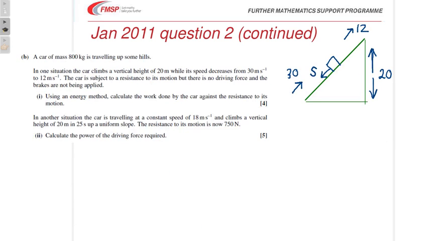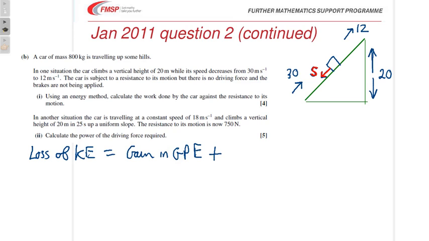For the next part of the question, something totally different. We've got a car going up a hill. I've shown S here as a resistance force that we don't know. But what we do know is that the car goes up a vertical height of 20 meters and its speed decreases. So we've got a loss of kinetic energy and a gain of gravitational potential energy. And if the hill was smooth, the loss of KE would be accounted for by the gain in GPE.